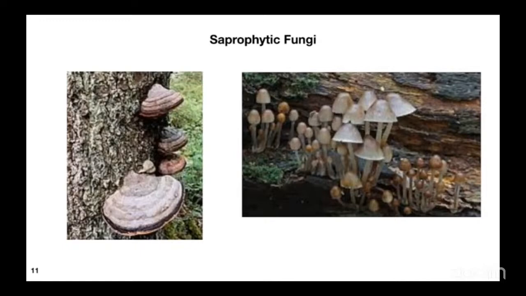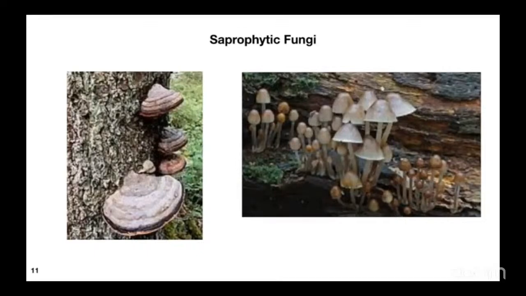In so doing, they play a vital role in reducing the accumulation of dead organic material and in recycling essential nutrients, particularly carbon and nitrogen. Without these digestive activities, forests would disappear under a mountain of logs and leaves.